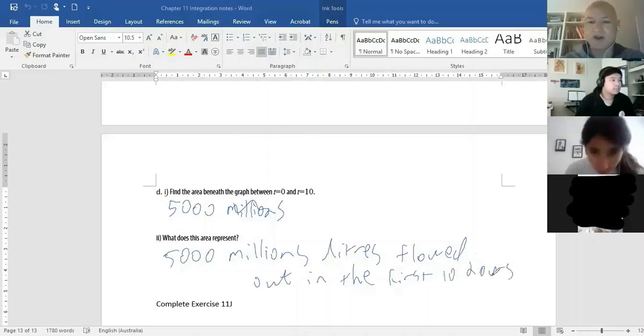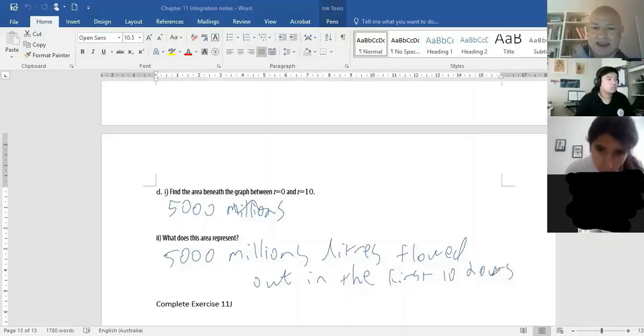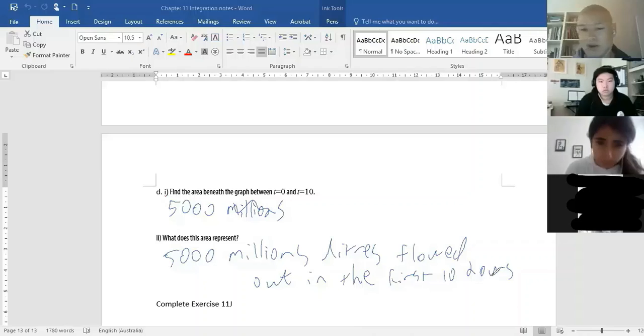It's not down to 0 because at t equals 15, we're having 1,000 litres of water flowing out. So in the first 10 hours, 5,000 million litres of water has flowed out of whatever this is.